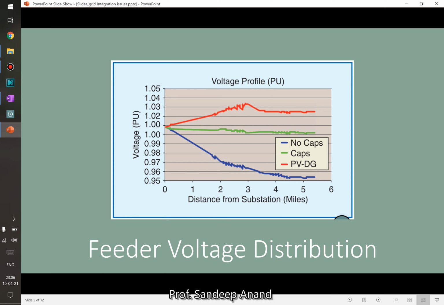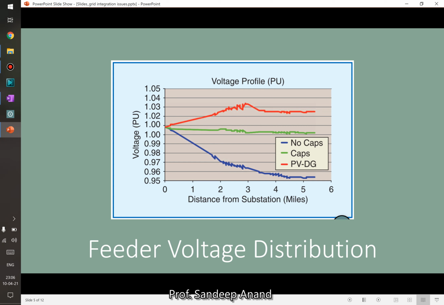So this is now something which has become very specific to generation happening within the distribution system. The voltage profile within the feeder has changed. The overall voltage has also changed, but more so the profile has changed.